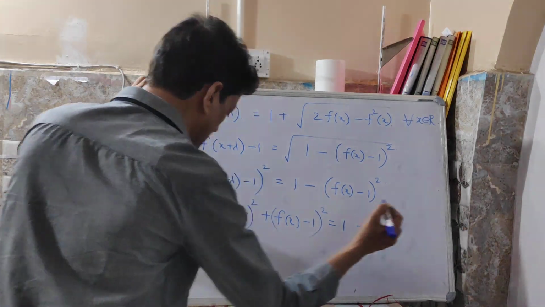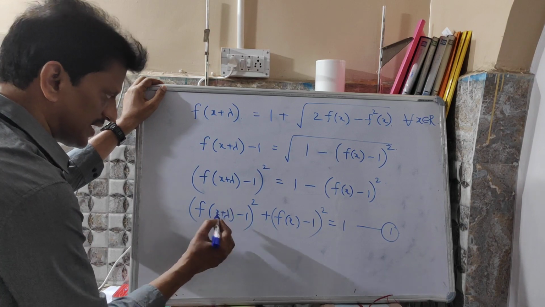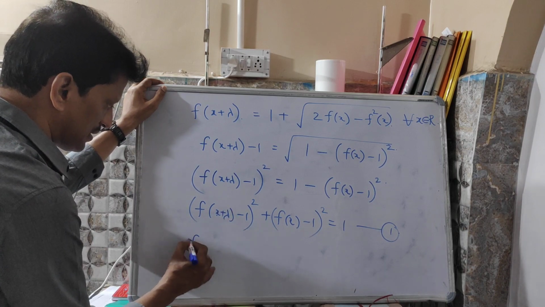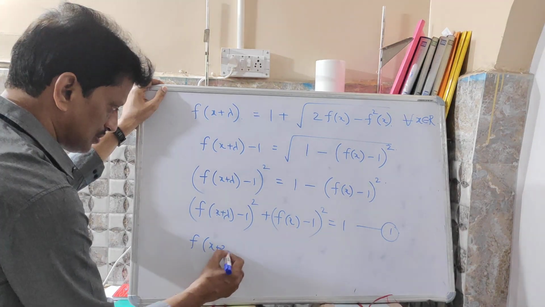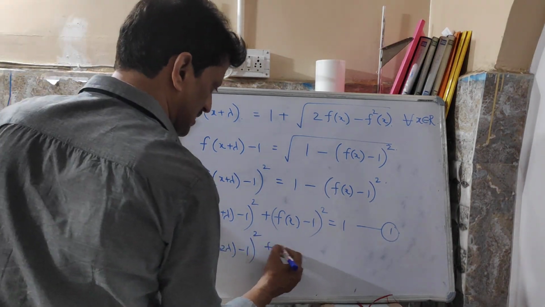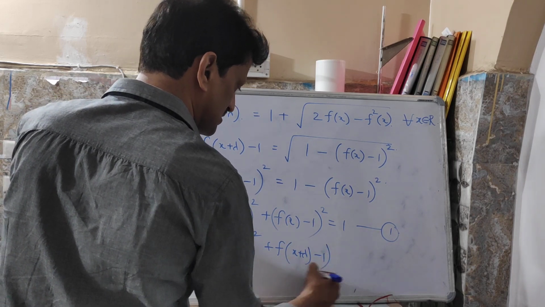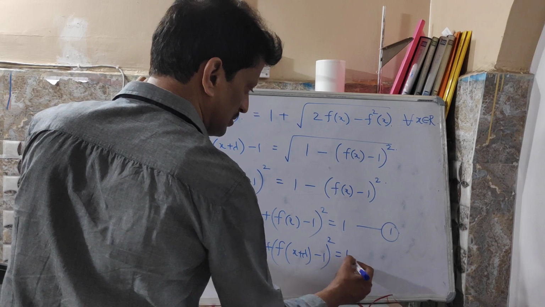Call it relation number 1. Changing x to x plus lambda, what you will be getting? f of x plus 2 lambda minus 1 whole square, and here changing x to x plus lambda, f of x plus lambda minus 1 whole square equal to 1.